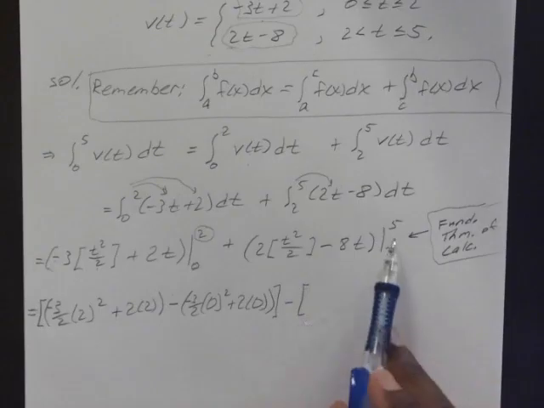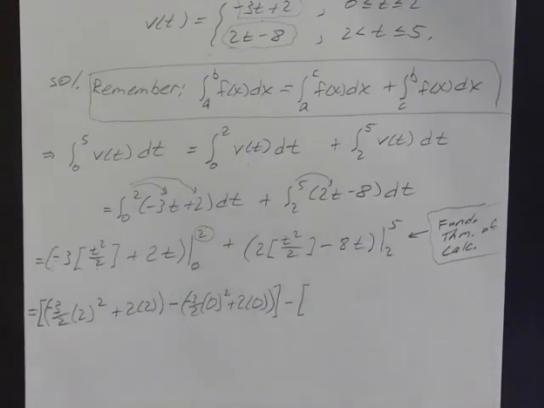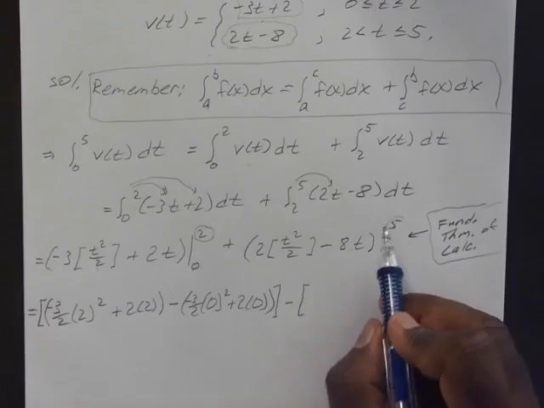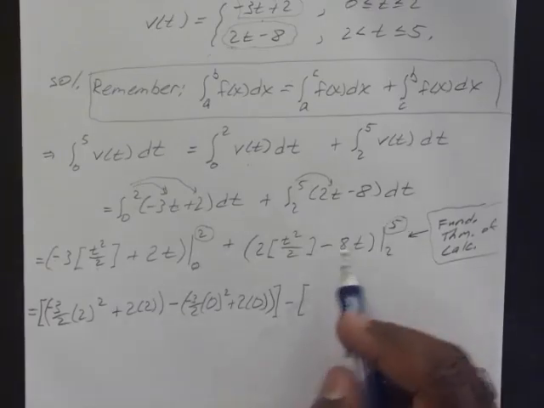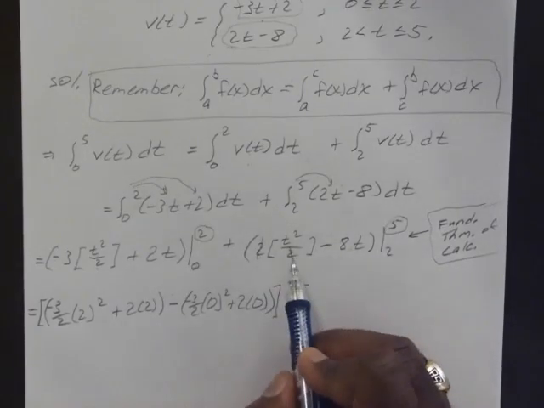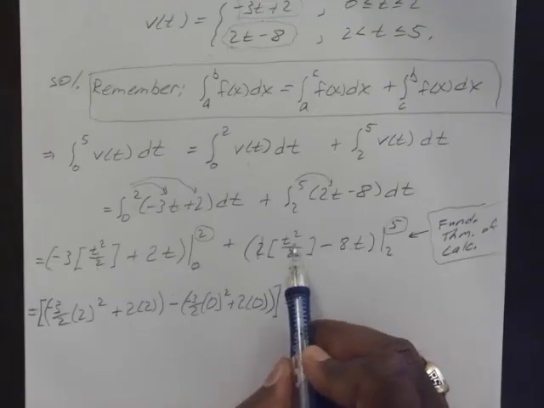Minus, now we apply the fundamental theorem to these two terms. Plug in our upper limit. So these 2's cancel each other out, so that just leaves t squared for that one.